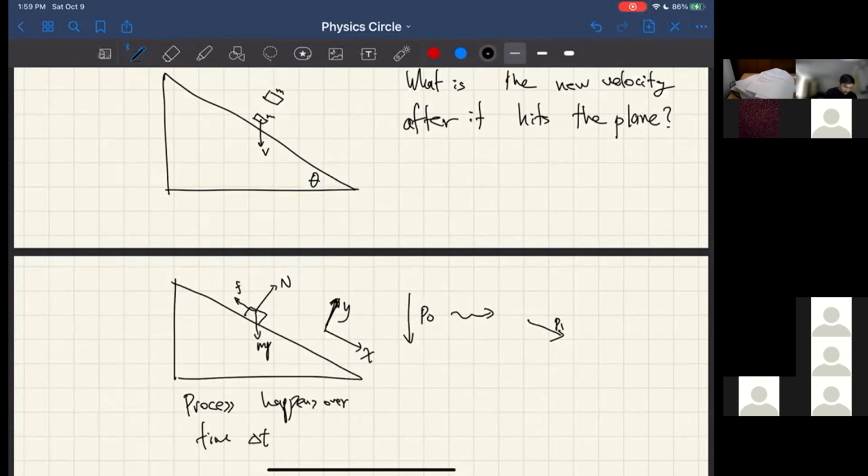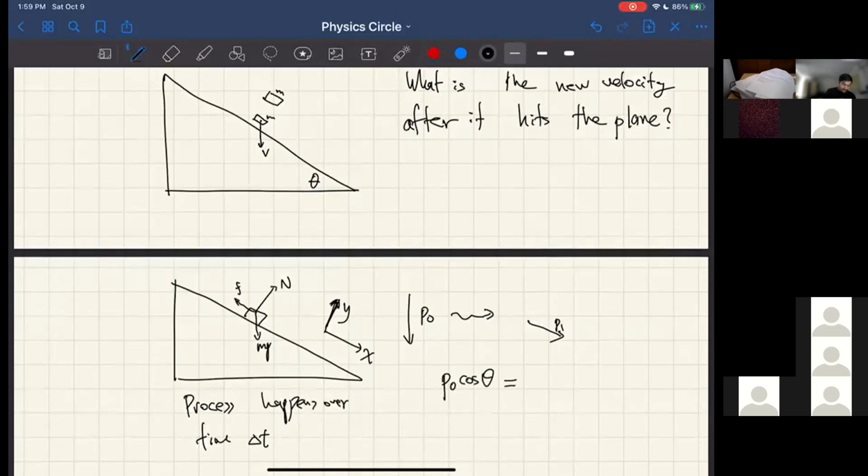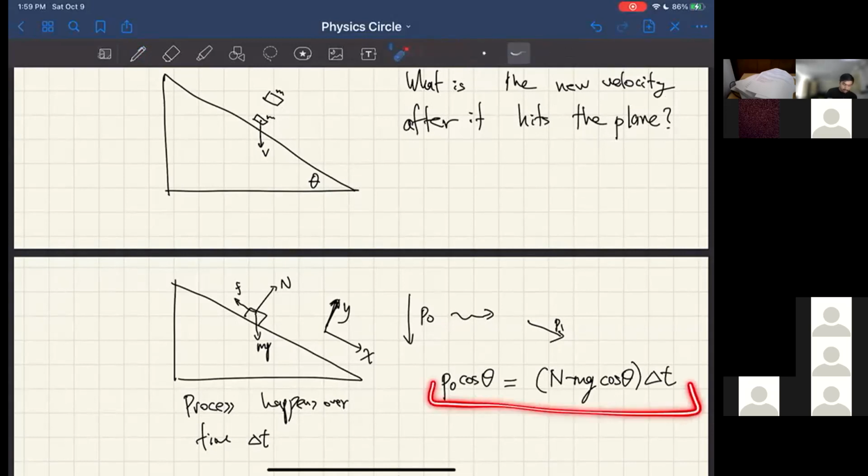Basically, the change in the y momentum is p0 cos theta, and the forces in the y direction... this equation is just saying that the y momentum gets killed completely by the forces.